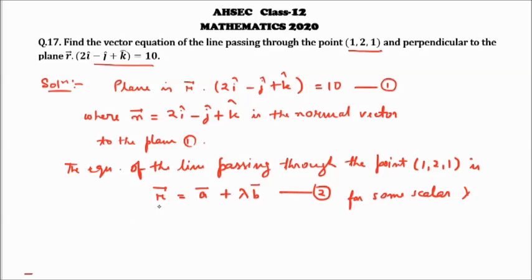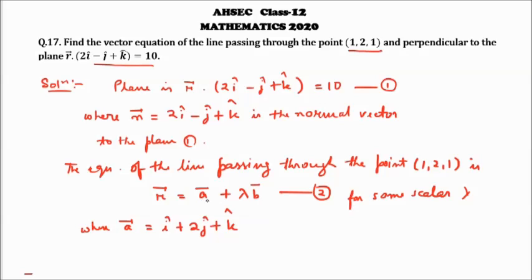Now we know that this is the equation of the line passing through a point whose position vector is a vector and which is parallel to the vector b vector. So I can write, since I have said that this line passes through the point (1, 2, 1), I can say that my a vector is nothing but i cap plus 2j cap plus k cap.